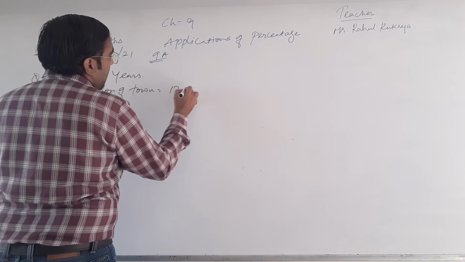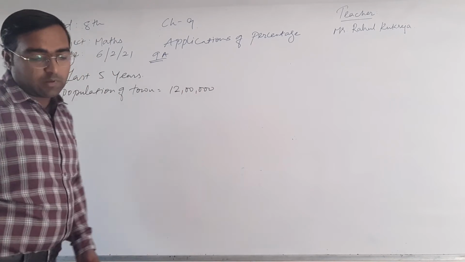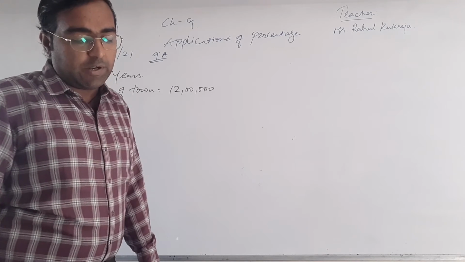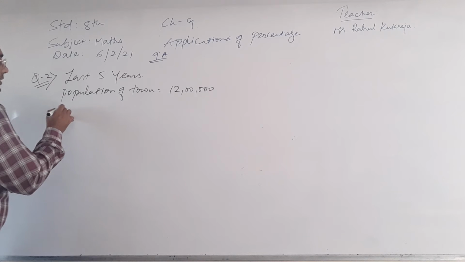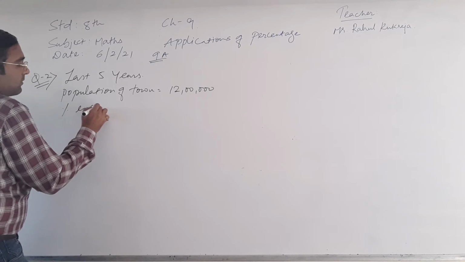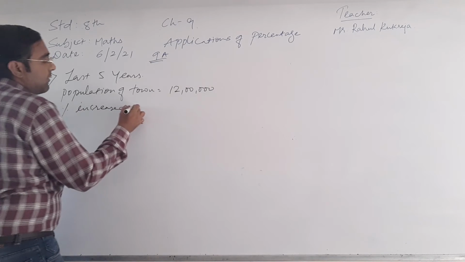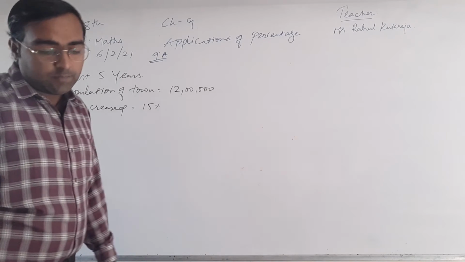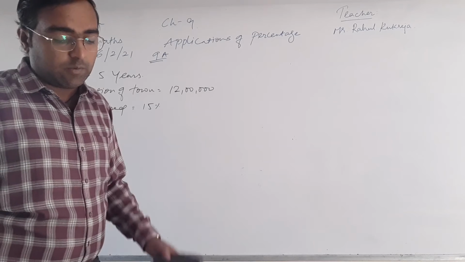Clear? And people increased by 15% from last 5 years. So here increase percent is given as 15%. Clear?